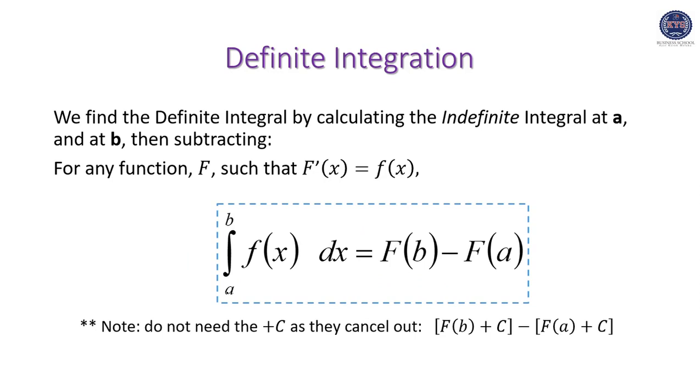The notation for definite integration is that you substitute the upper limit first into the result after you integrate. After that, you substitute the lower limit into the result of integration.